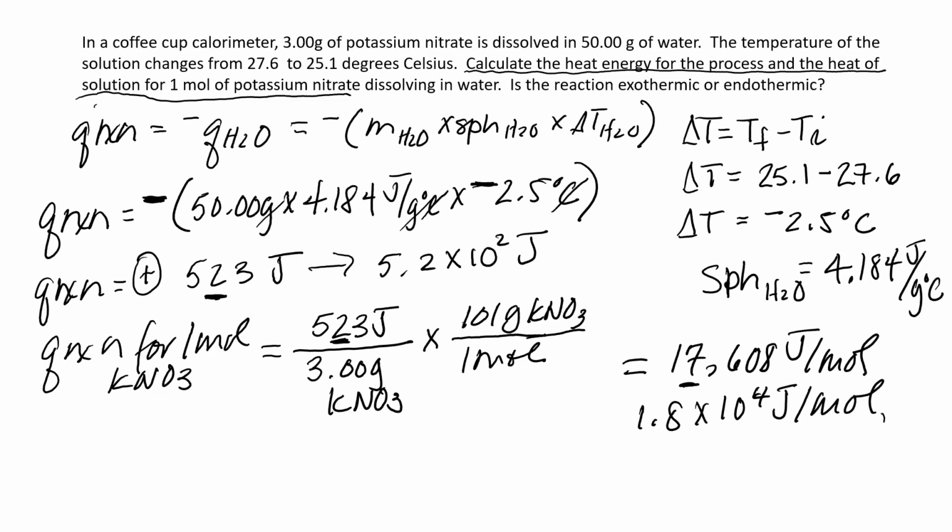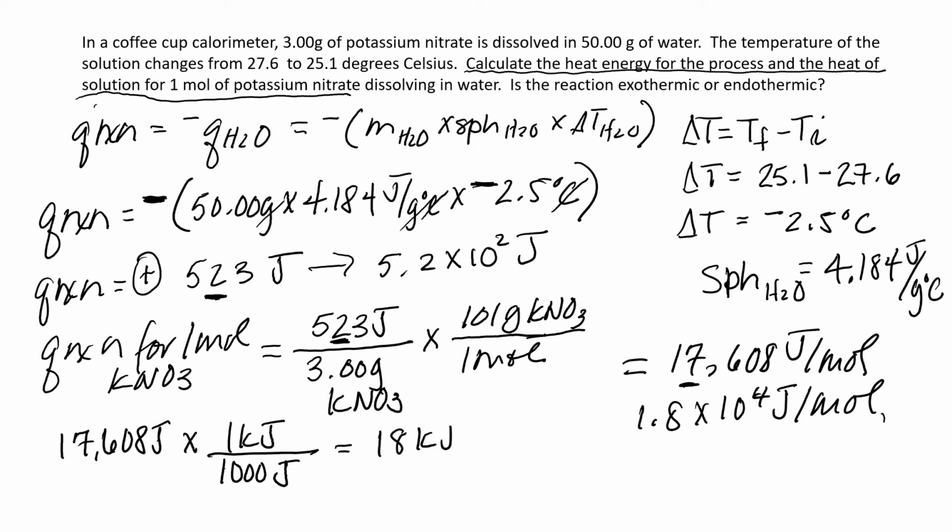Or I could convert this to kilojoules, and I would do that by converting those joules to kilojoules, and there are 1,000 joules in 1 kilojoule, which would give me 18 kilojoules per mole of KNO3.